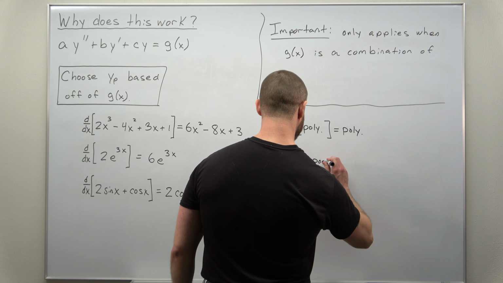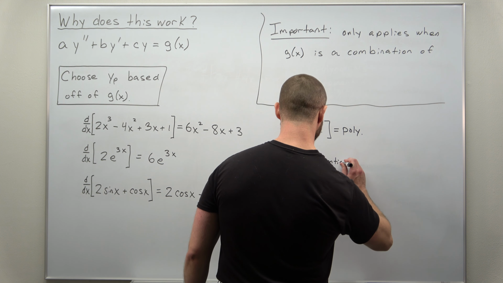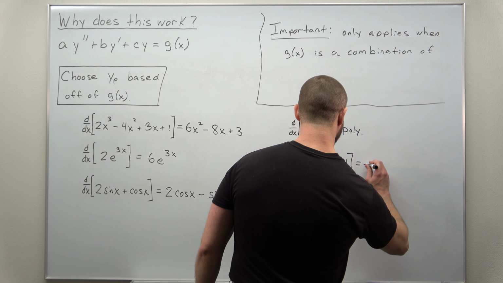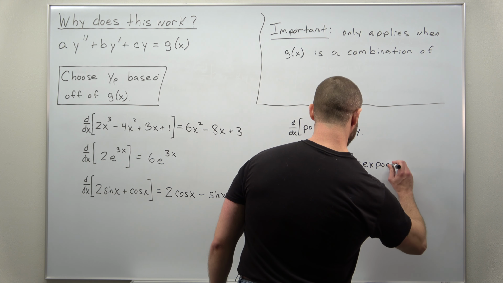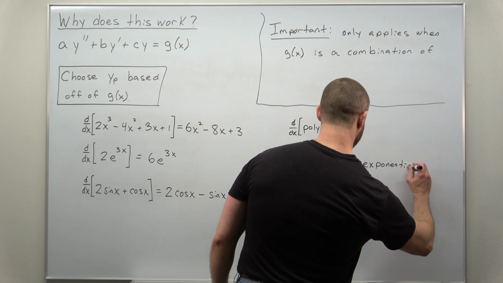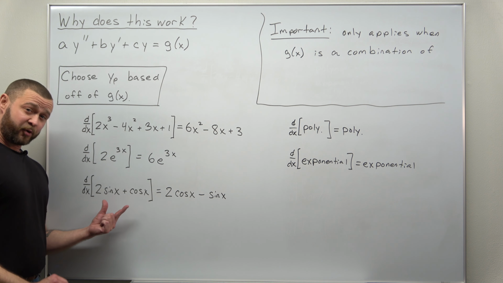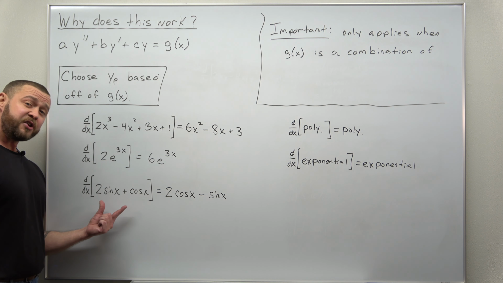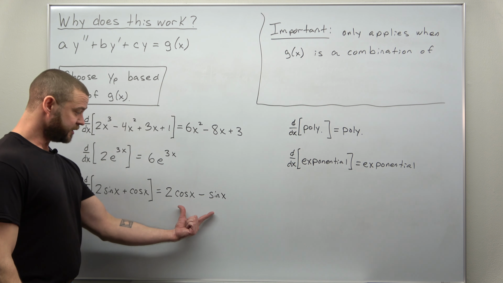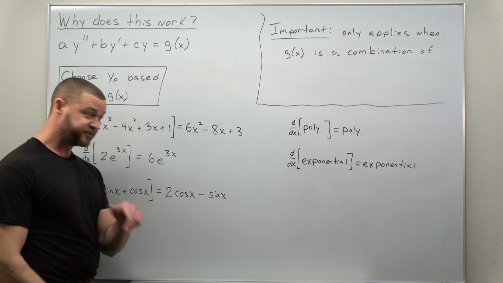So we might write that the same way. The derivative of an exponential is another exponential. And the last example, a combination of sine and cosine differentiates to a combination of sine and cosine.